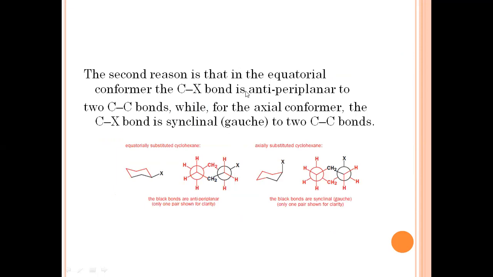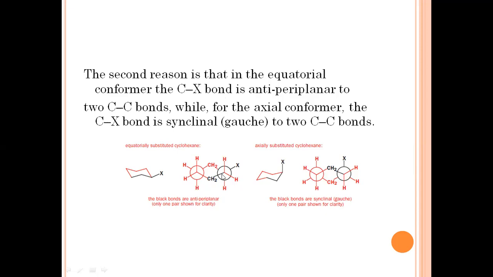And the second reason why the axial position has the higher amount of energy is that in the equatorial conformer, the carbon-methyl functional group bond is anti-periplanar to the carbon-carbon bond. While for the axial conformer, the carbon-methyl bond, or the carbon-substituent bond, is synclinal, that is gauche, to the two carbon-carbon bonds. So in the equatorially substituted cyclohexanes, the black bonds are anti-periplanar.